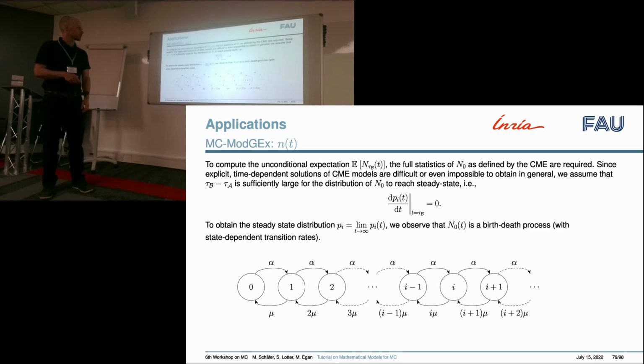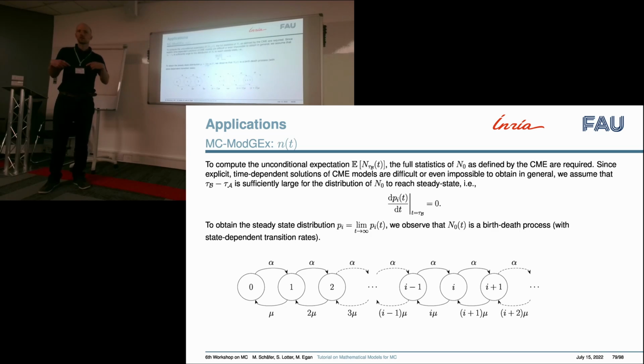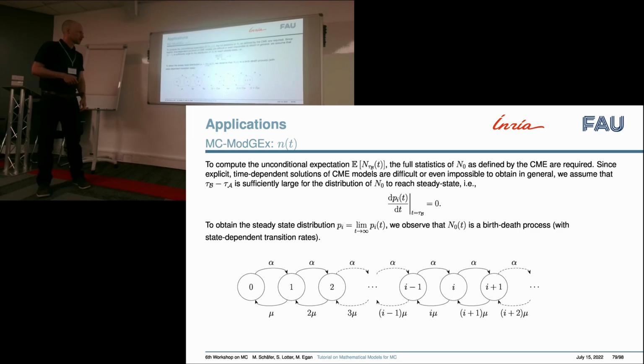Which has this form here, and the states of this birth-death process would correspond to the number of signaling molecules produced by the bacteria cell. Okay. So the first simplification that we now make in order to proceed is that we observe this birth-death process in equilibrium. Okay, so we give the bacteria infinite time to produce signaling molecules.